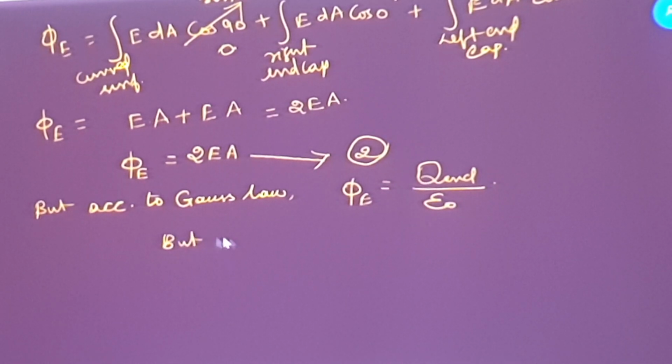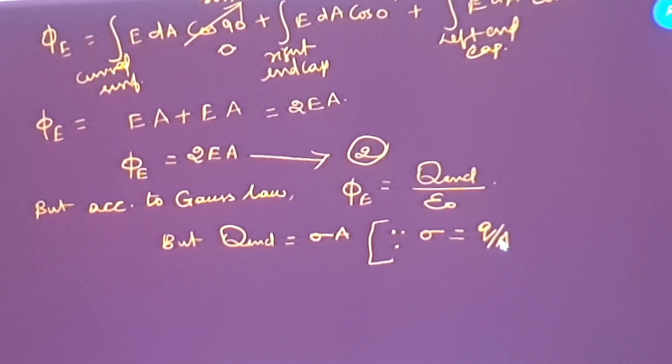The charge enclosed, Q enclosed, is equal to sigma into A, since sigma is the charge per unit area.